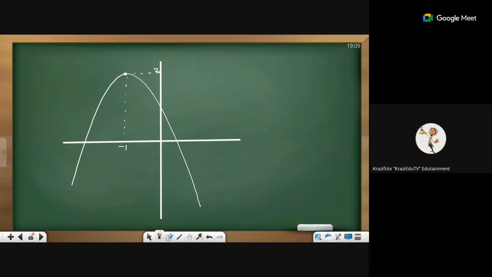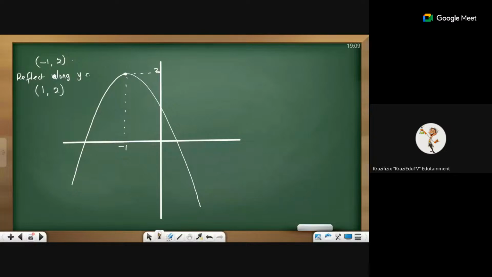We said, if this point is -1 and 2, let's start by reflecting along Y. What do we do? The Y, the one you are reflecting about, stays, and we change the X. My X is -1 now. Where will it be? It's going to be +1.